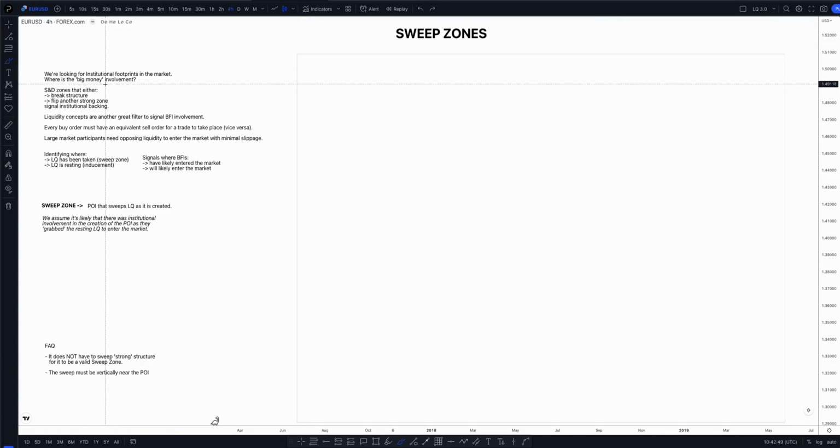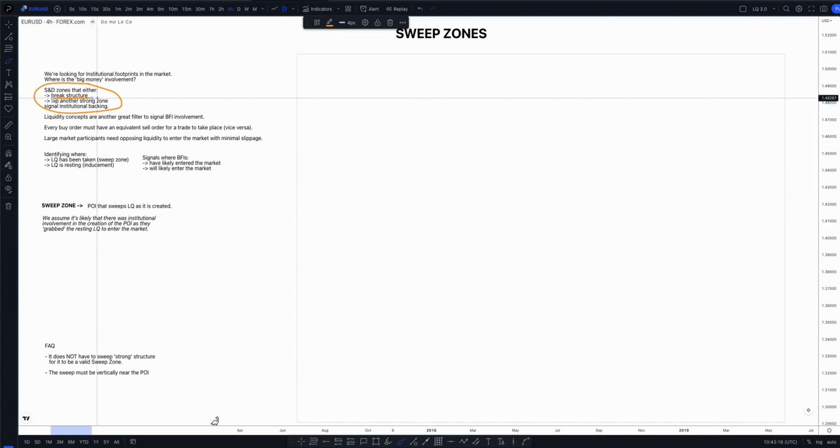So the first way we've been doing that, specifically looking at where they've entered, is looking at supply and demand zones, but not just any supply and demand zone. We want to look for where big money entered or exited the market to cause those overwhelming imbalances, so as to significantly move price. How do we do that? Well, we filter those zones by looking at ones that either broke structure, because obviously it takes a significant amount of money to break structure.